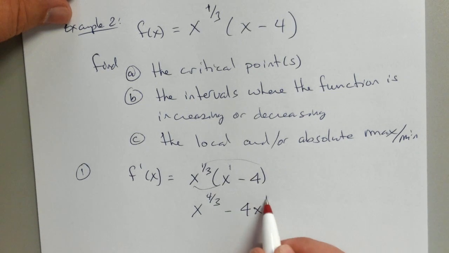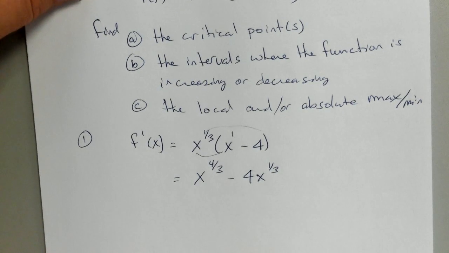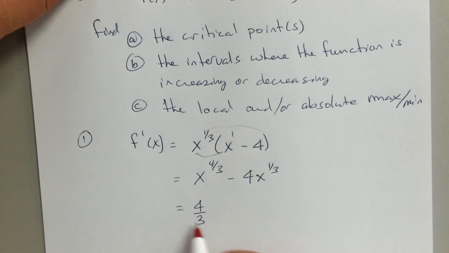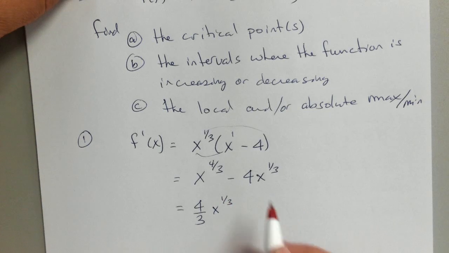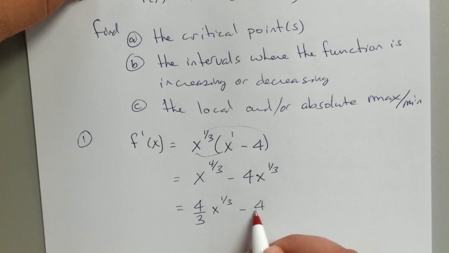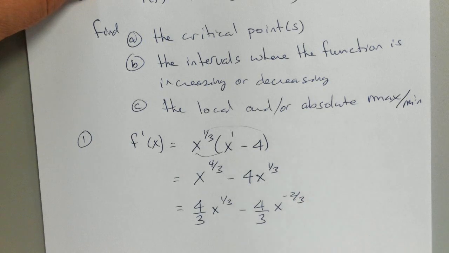Distribute x to the power 1/3. Now we take the derivative of this function: 4/3 x to the power 1/3, minus 4/3 x to the power negative 2/3.